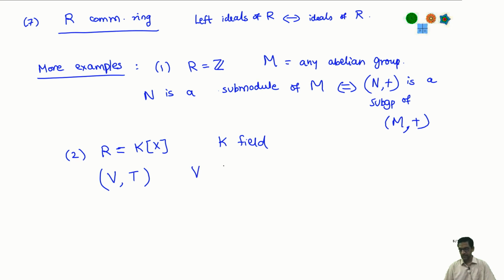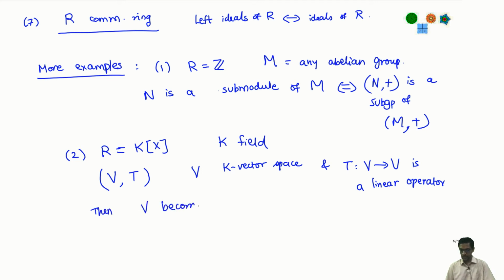So I start with V, which is a K-vector space, just in the usual sense of the word, and I need to start with a linear operator on V. So T from V to V is a linear operator, or a linear transformation. If I give you these two things, then it uniquely defines a K[x]-module structure on V.